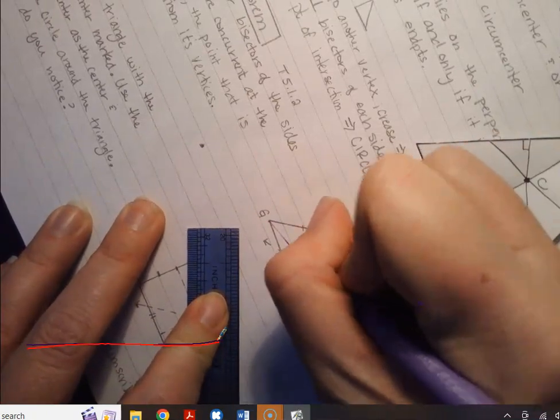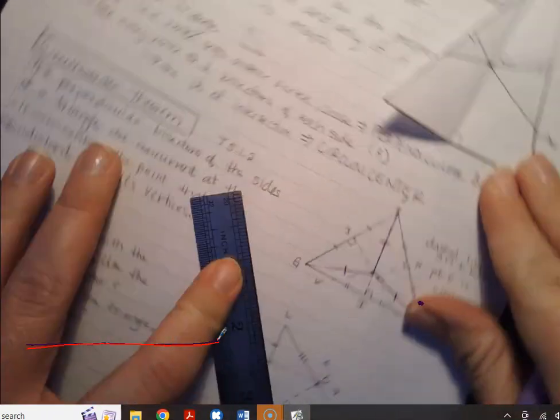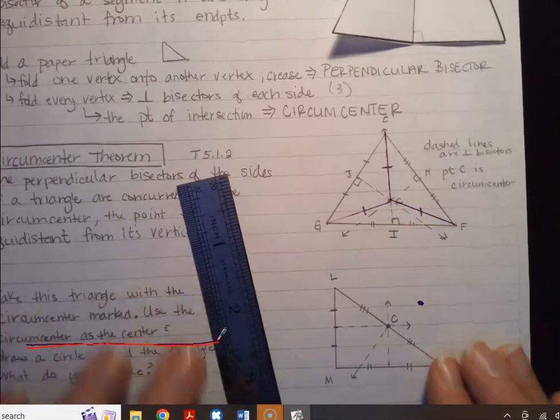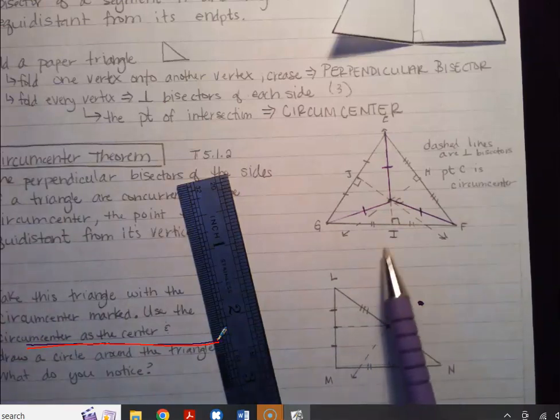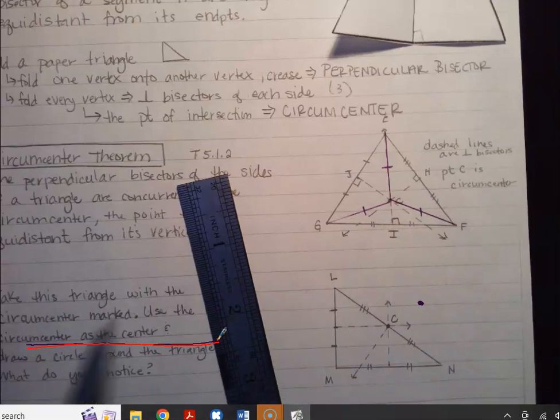All of these are congruent. They're equidistant. That is the center of your triangle. That's pretty cool, that the circumcenter is the center of your triangle.